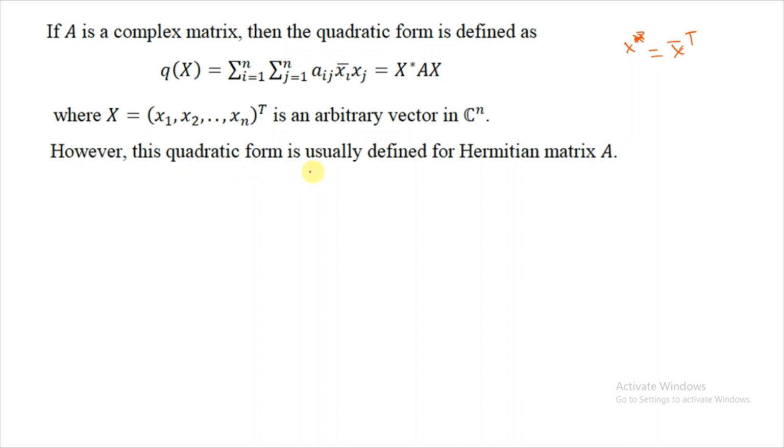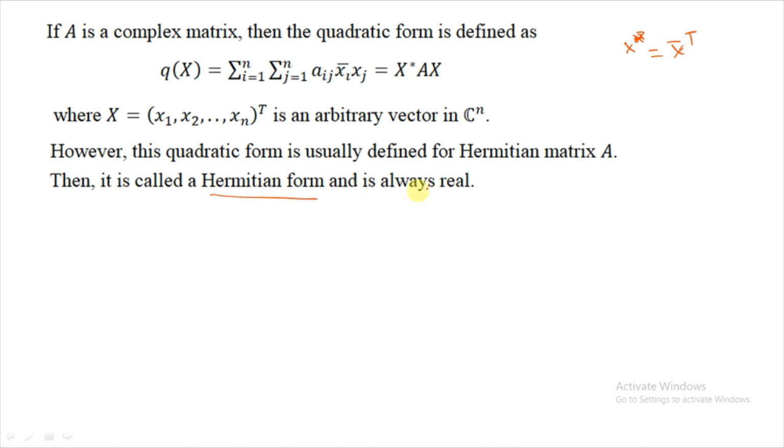However, this quadratic form is usually defined for a Hermitian matrix, just as the real quadratic form is usually defined for a symmetric matrix. This is called a Hermitian form. Sometimes the quadratic form, also called the Hermitian form, is always real.